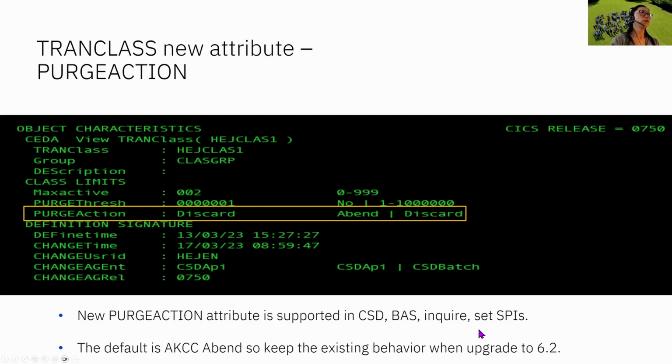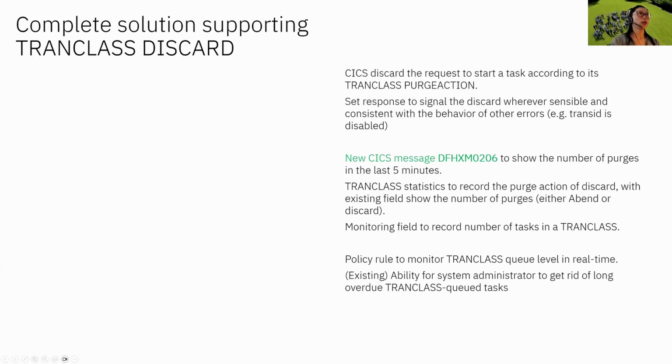But you can change your tran class definition to use discard. If you change this parameter to discard, CICS will discard the request if the purge threshold has been reached. With that, there is no AKCC abend in the CICS region for that type of request.